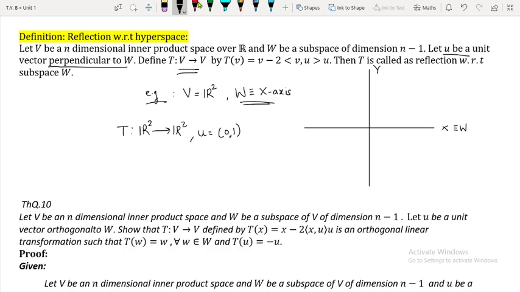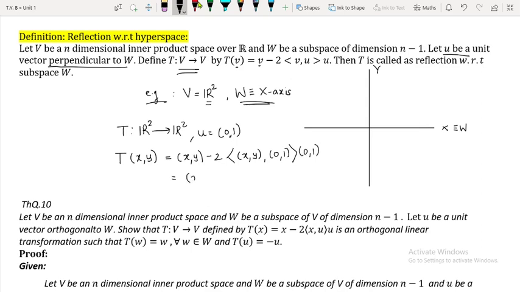So let us try to understand. What will be my T of (x,y) in this case? Since this v is an element of capital V, over here our capital V is R2, so that is what our v will look like, right? So T(x,y) is (x,y) minus twice the inner product of (x,y) with (0,1), and outside we are having (0,1).